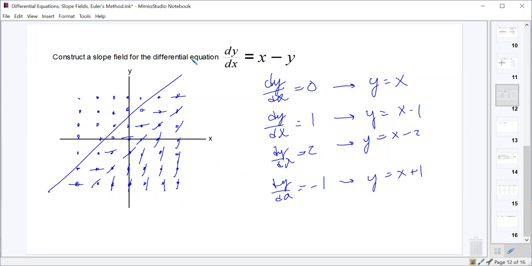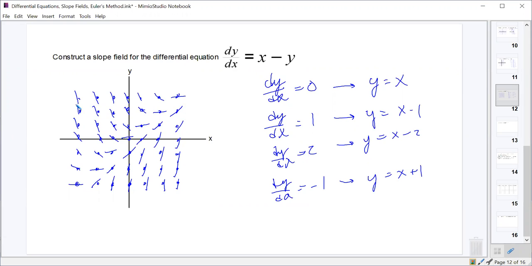Along that line, we should have slopes of -1, and then -2, and -3, just getting steeper as we go, -4, -5, -6. We end up with something that looks like that.